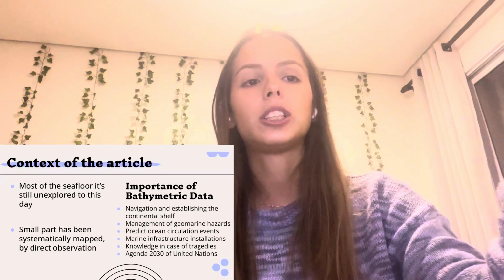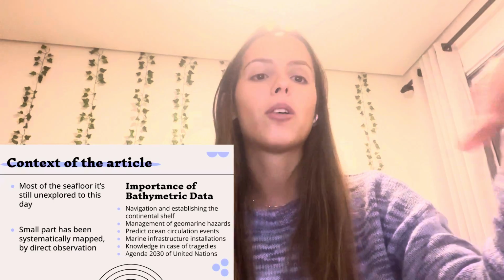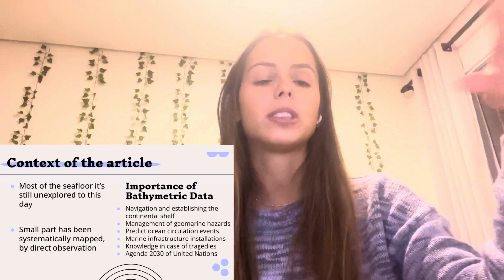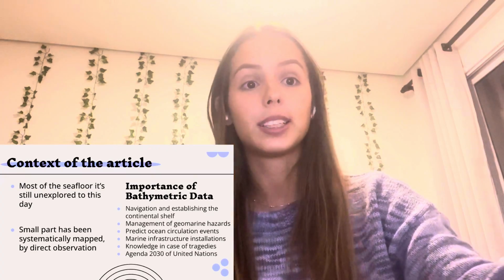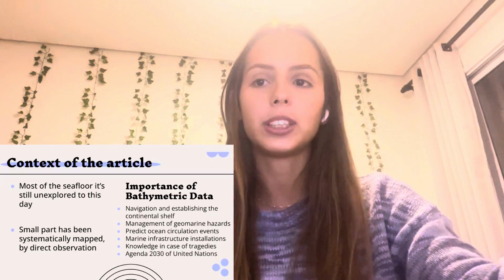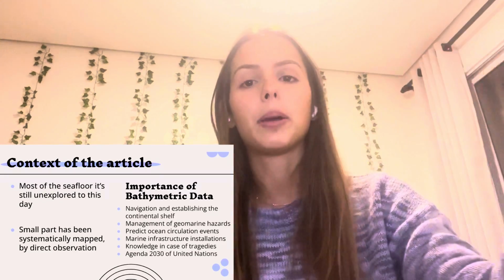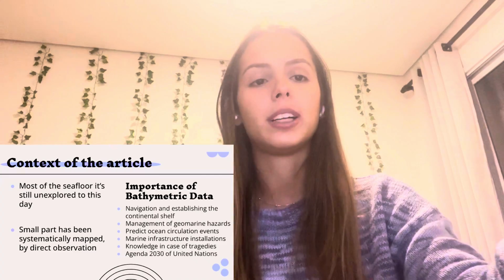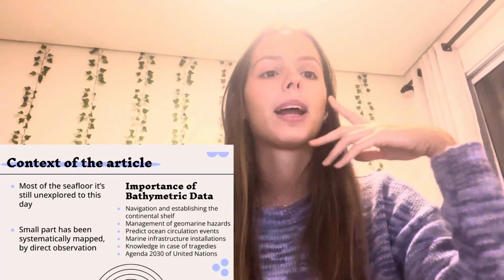Another is to predict ocean circulation events, for example, El Niño or La Niña, which depend on ocean circulation and can be predicted if we know more about it. Marine infrastructure installations, for example, cable laying, pipelines, and platforms required for industrial activities.